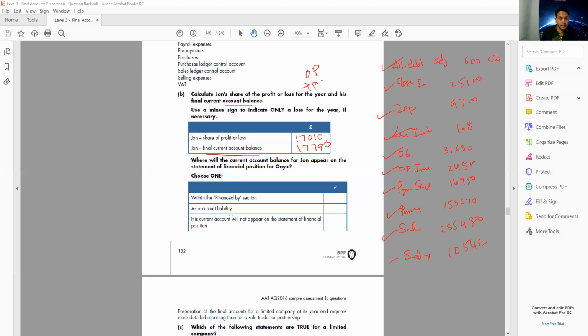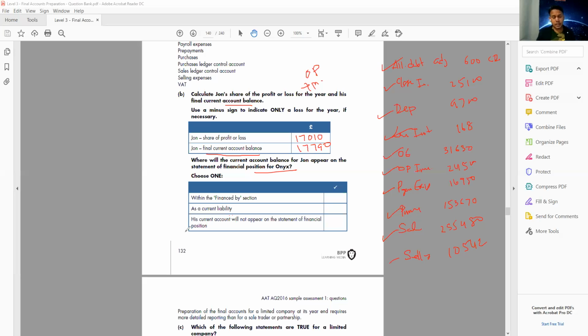Then we have the next question. Where will the current account balance for John appear on the statement of financial position for Onyx? Within the financed-by section, as a current liability, or will the current account not appear in the financial statement? Which one?